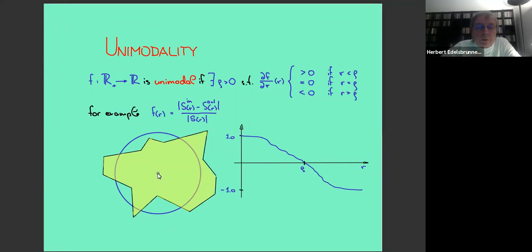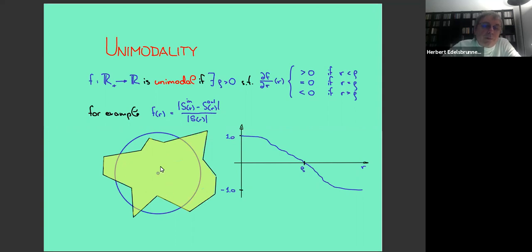Wait, I think I made a mistake. I'm not looking at the volume. I need to draw to connect it to this graph. What I consider is the length.